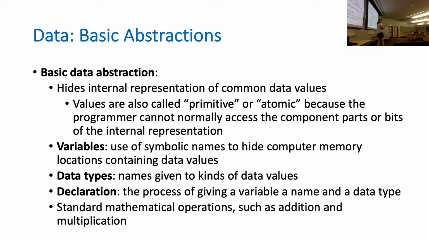Variables. No more loading and no more storing to individual memory locations. Just store it in a variable using a symbolic name. Data types and the process of declaring a variable, same principle. Standard mathematical operations, same principle. Instead of having to implement the mathematics through machine language, we can just use algebraic syntax.